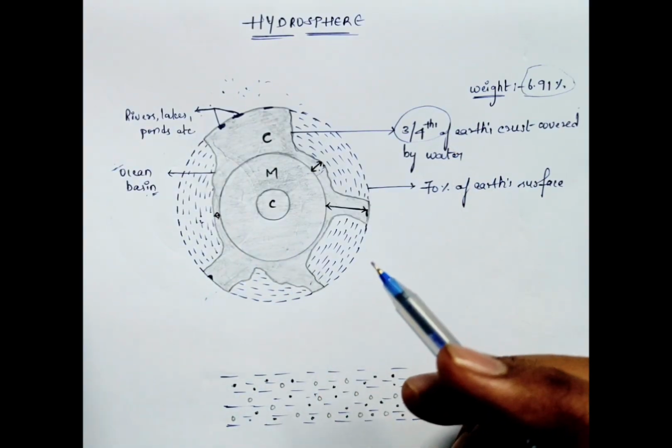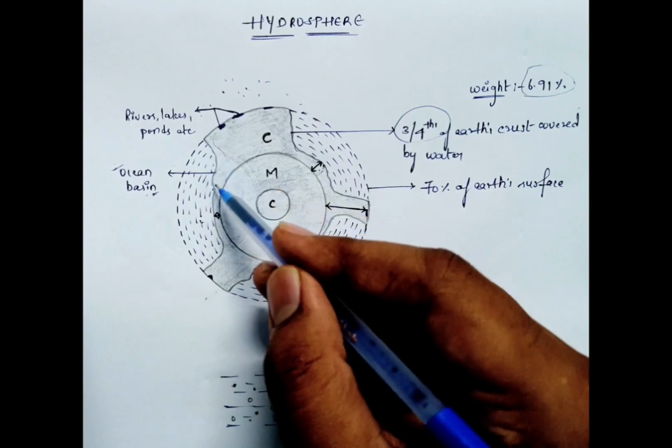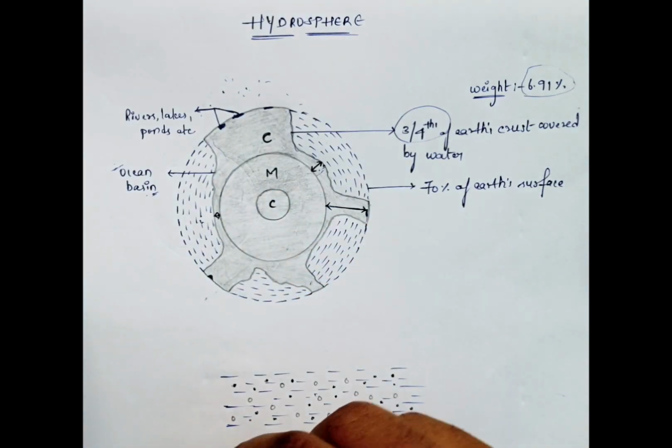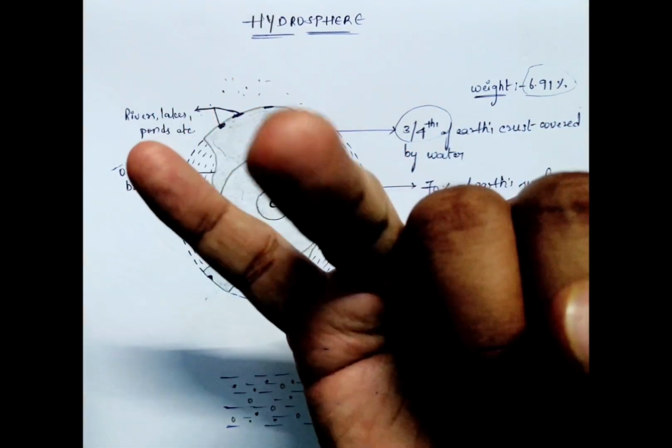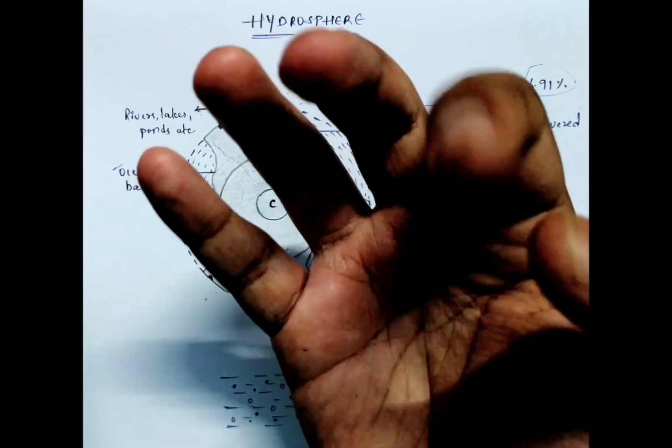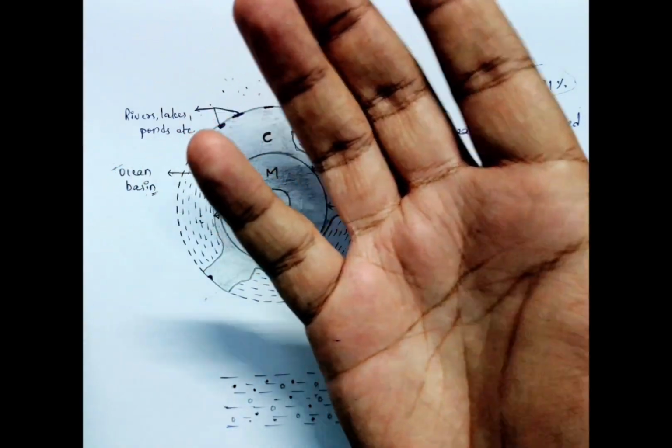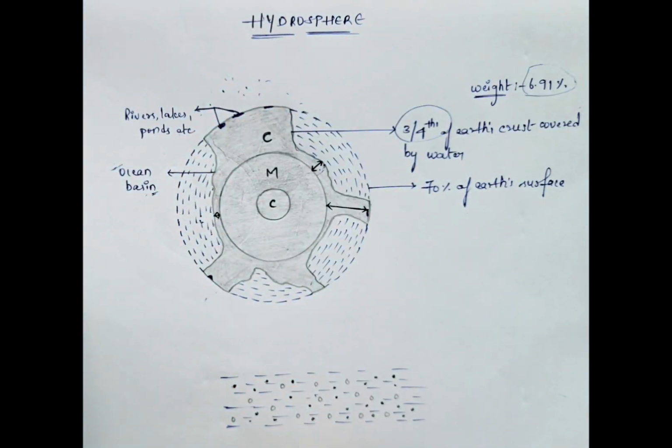So what does lithosphere contain? It consists of continents, ocean basins, plains, plateaus, mountains, valleys, etc., friends. This is another point. What does interior of earth contain? Absolutely rocks and minerals. That is one common point.